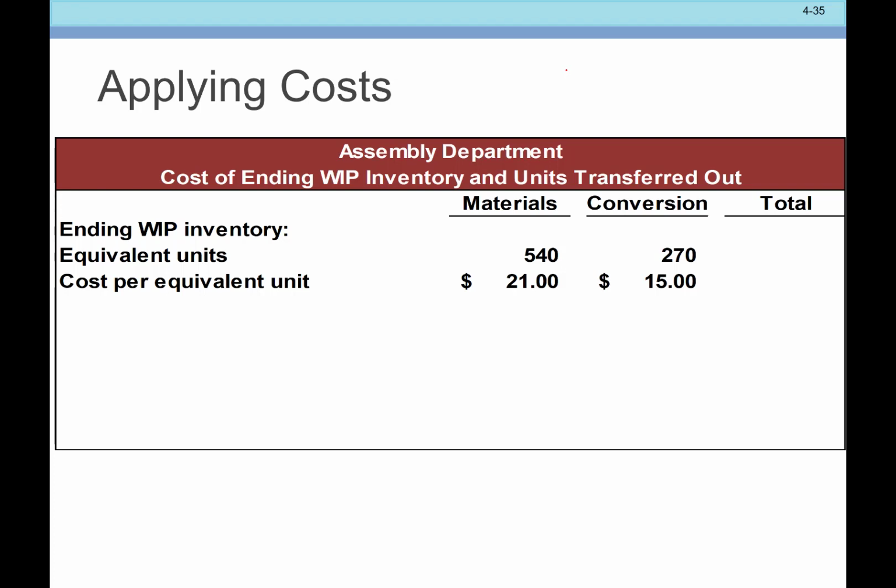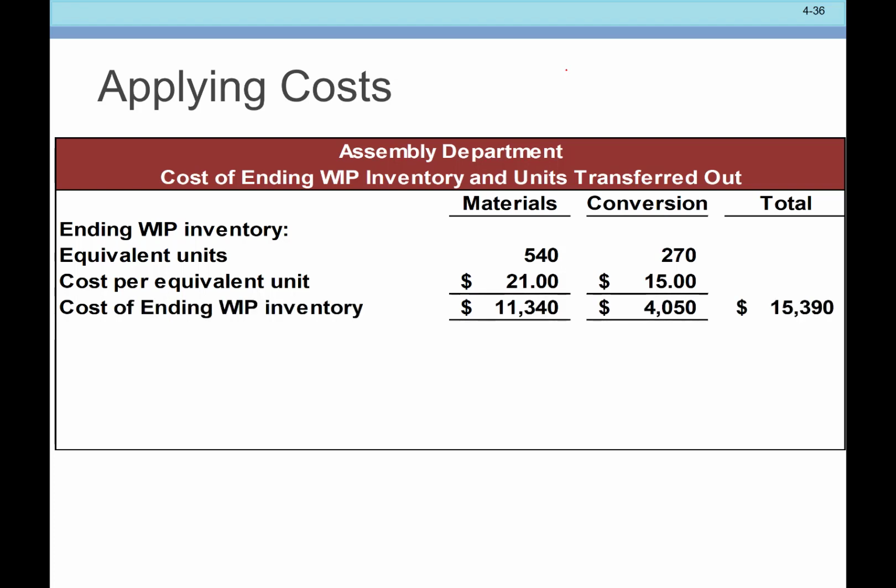Again, guys, we're picking up those 540 and 270, the equivalent unit amounts we calculated a few slides back, right? We pick up the cost per. There's the value of our ending inventory, one for materials and one for our direct labor and our manufacturing overhead. Total is 15,390.